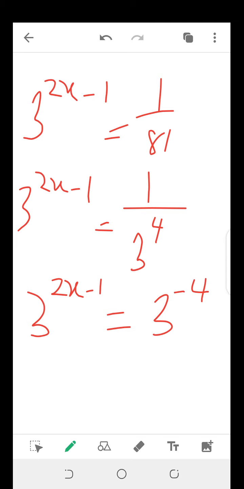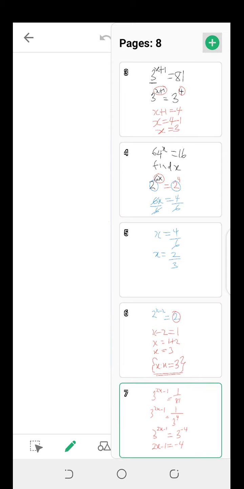Here we equate our exponents because the bases are the same. So we have 2x minus 1 is equal to minus 4.